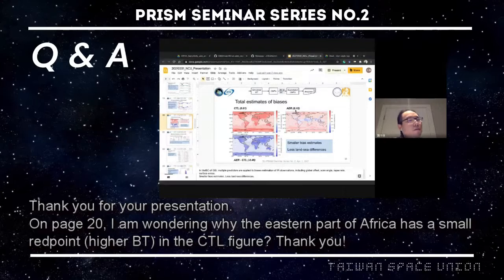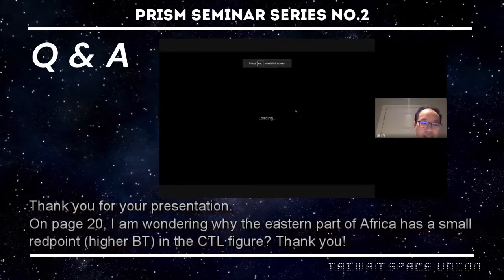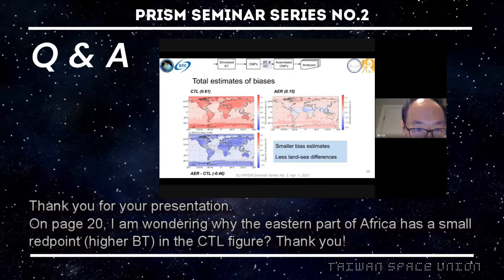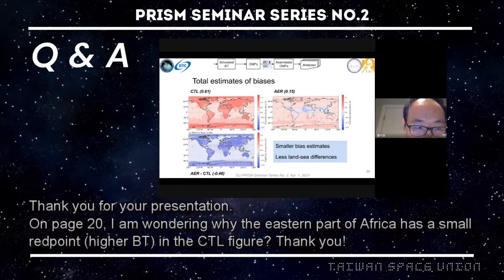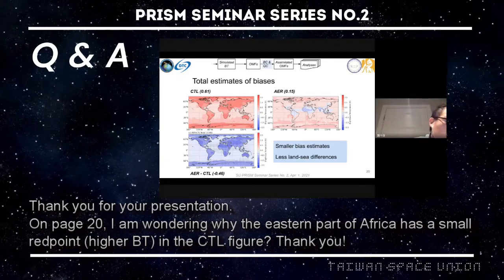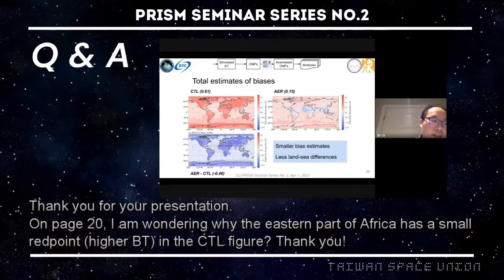This figure is actually the bias estimate in the first guess departures.